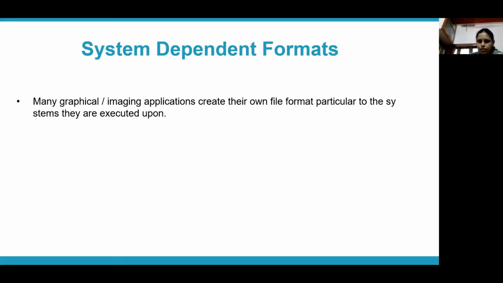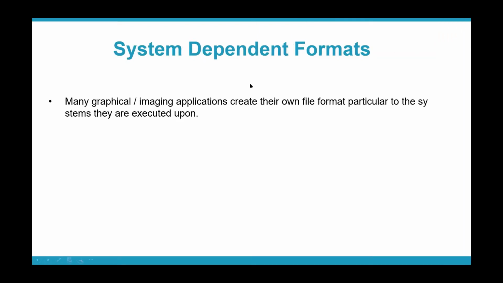As the name implies, a system dependent format means a particular format which is dependent upon the system where you are executing it, where you are storing or playing that file. That is what is meant by a system dependent format.